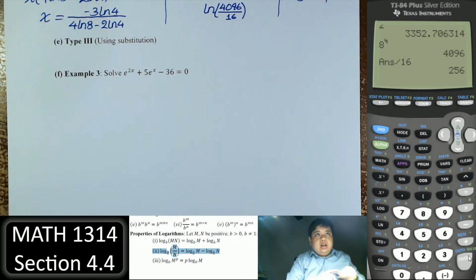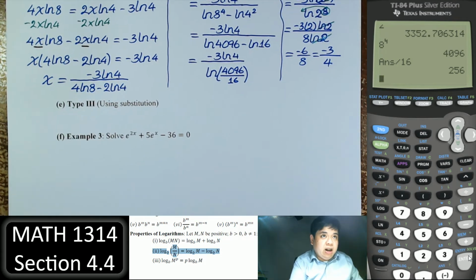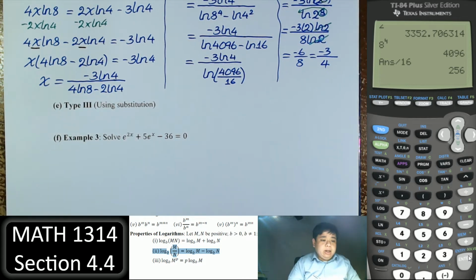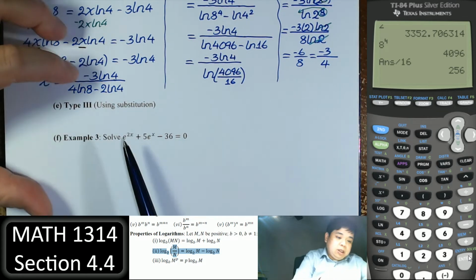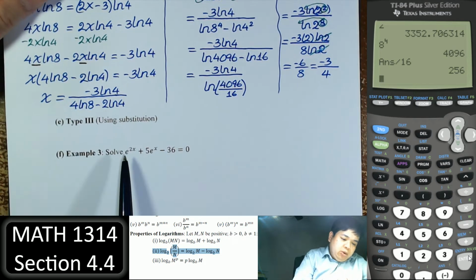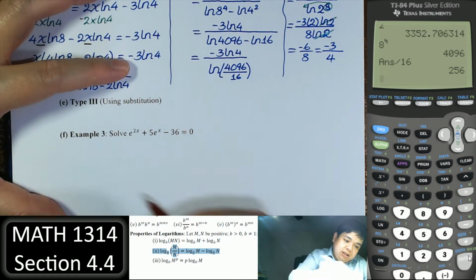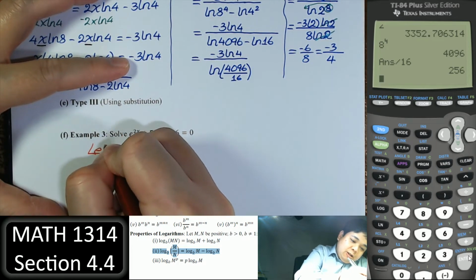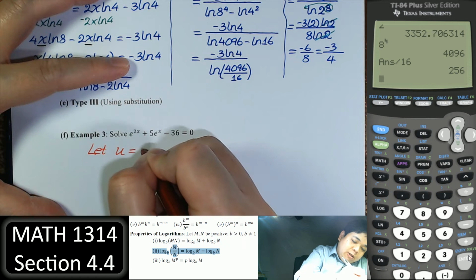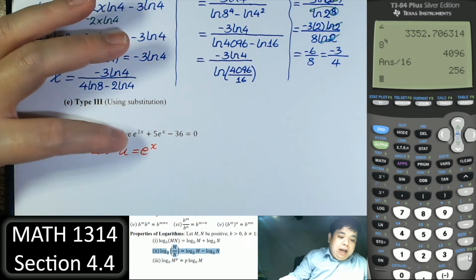Right, the third type of exponential equation that we study is something in this form, and which will require substitution. So here, notice that if I use u equal to e to the x, then I square both sides.